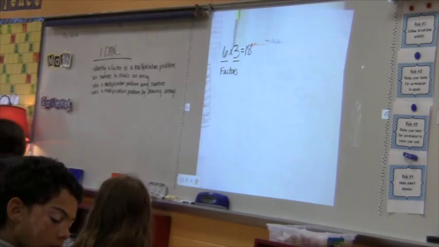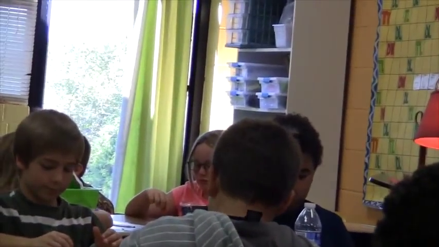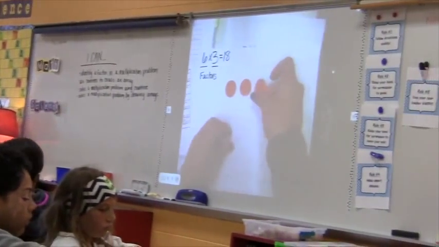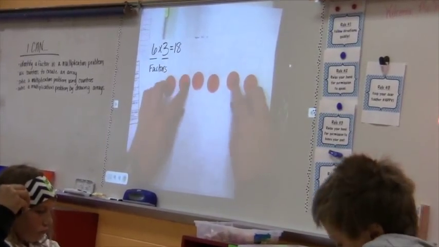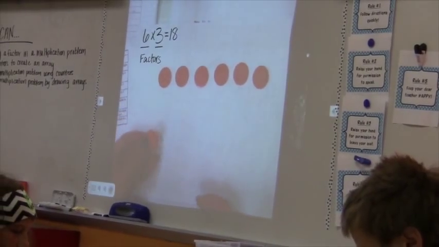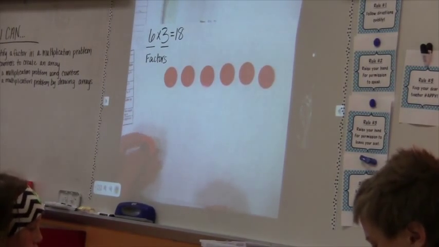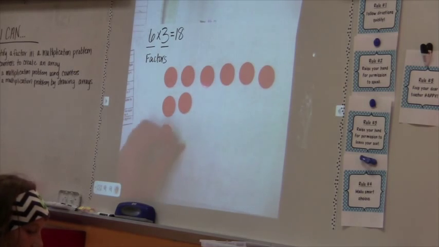Okay, so let's look at the ways that we could have done this. So 6 times 3, I could have done 1, 2, 3, 4, 5, 6, and I could have put how many in each? 3, right? Because it's 6 times 3.